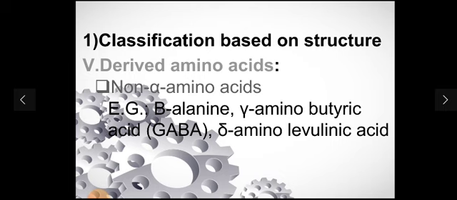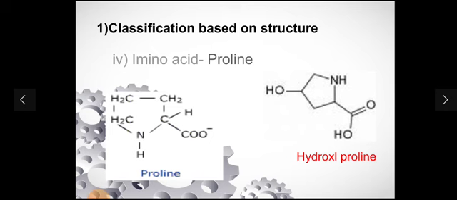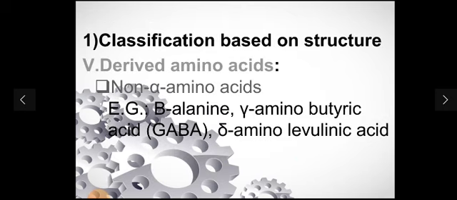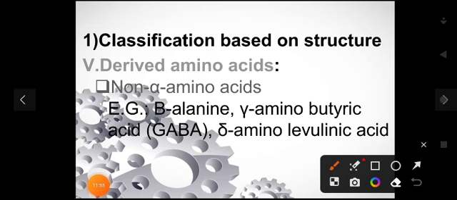Now we are still looking at the structure, and we say we have derived amino acids. Among these derived amino acids, we have the ones that are non-alpha amino acids, which means that the amino group and the carboxylic group are not on the alpha carbon.